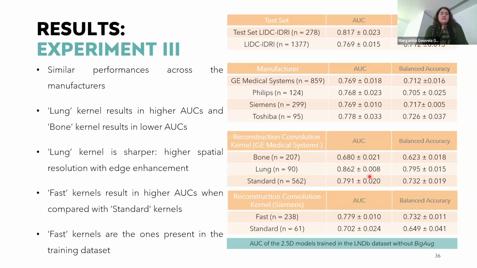In second place we have the standard protocol and then the bone one. Another analysis that I did was for Siemens, since Siemens was the manufacturer of the CBIS dataset that I used in training, and they use fast convolution kernels that are in the CBIS. So what I also saw is that for the images that have the same convolutional kernel as the training dataset, the performance is higher. But these are just preliminary results.